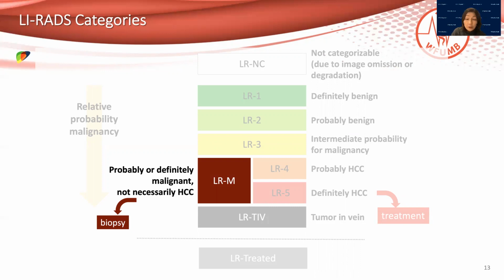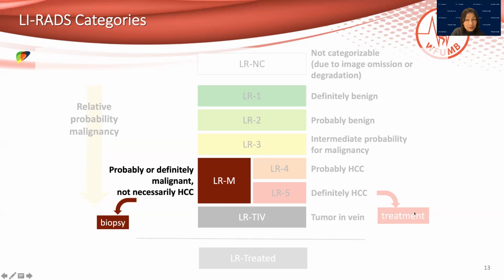Now, many people misunderstand LI-RADS M as equal to cholangiocarcinoma, and HCC should not be included in LI-RADS M. The specificity of LI-RADS M is not very important because we have to biopsy cholangiocarcinoma or metastasis anyway. So even if you are really sure it's cholangiocarcinoma, we're going to do a biopsy, right?